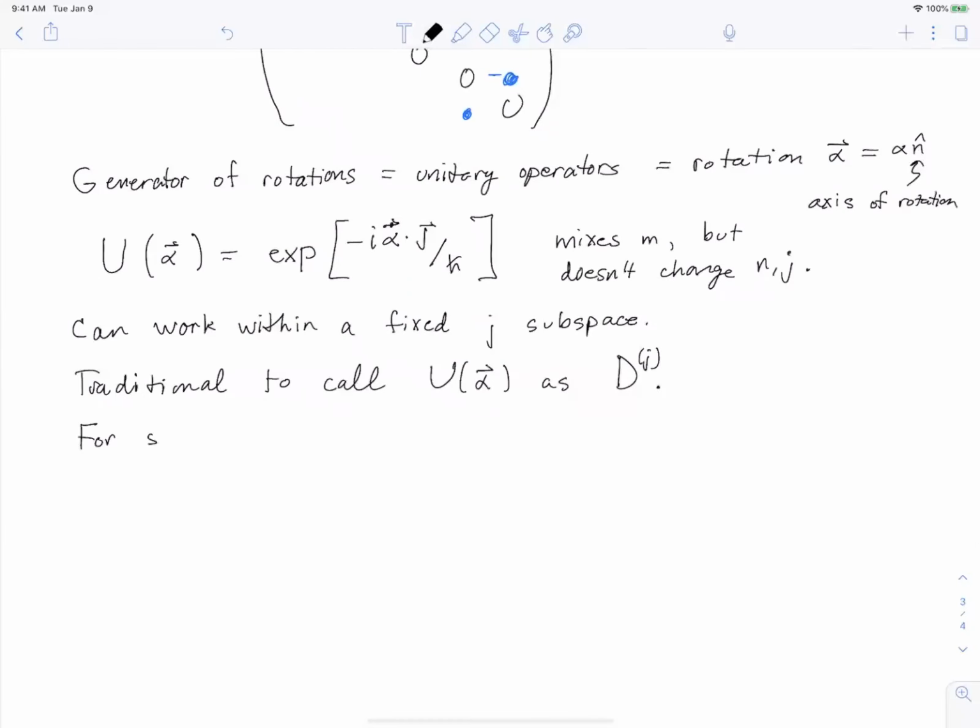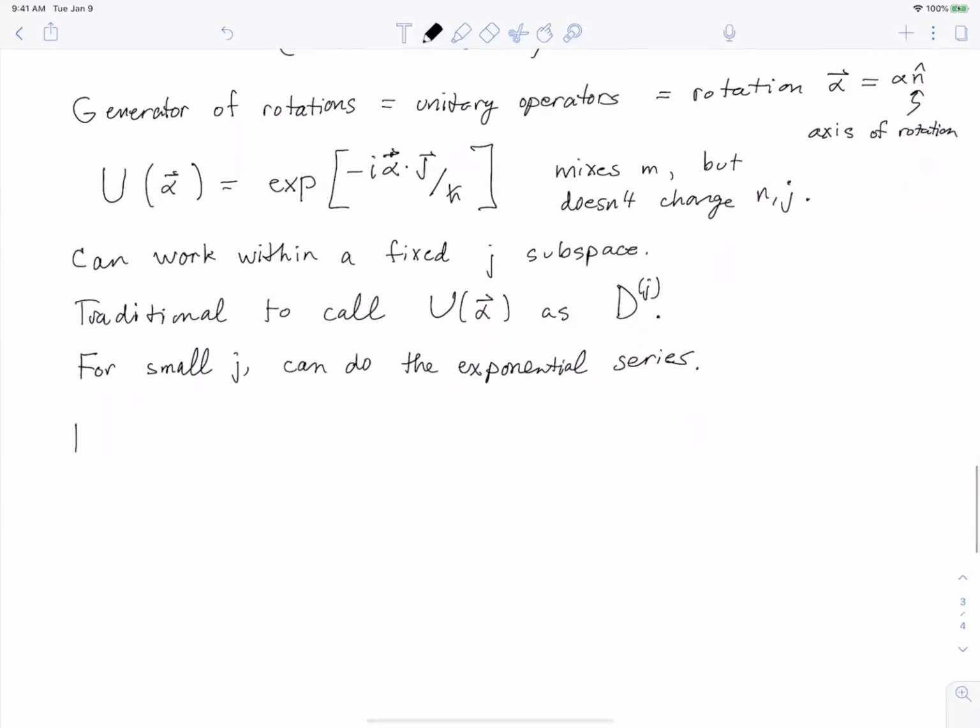For small j, we can actually do the exponential series. In general, doing the exponential of an operator is going to be a little bit tricky, but for small j, we can do it. So for example, the easiest case, of course, is for j equals 0.